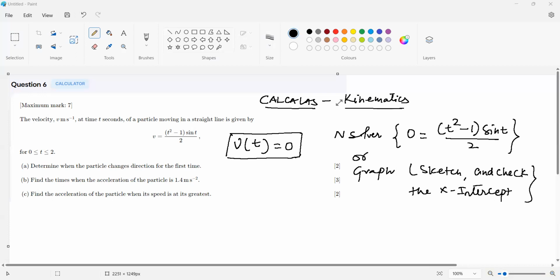So when I sketch it, it looks like this.